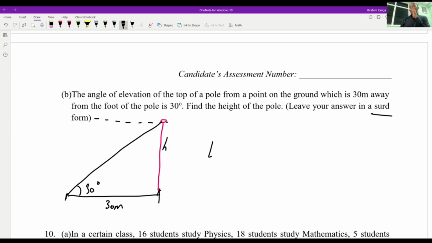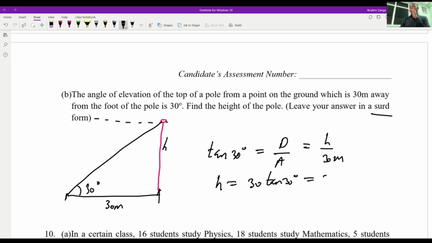You're going to use the definition of tan. So tangent 30 degrees is opposite side over adjacent side. It is actually h over 30 meters, dear students. And so h will be 30 tangent of 30 degrees. It is 30 times square root of 3 over 3, which is 10 square root of 3 meters.